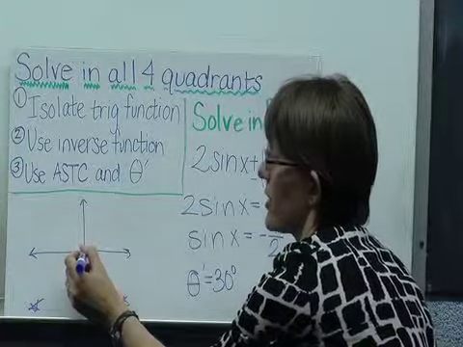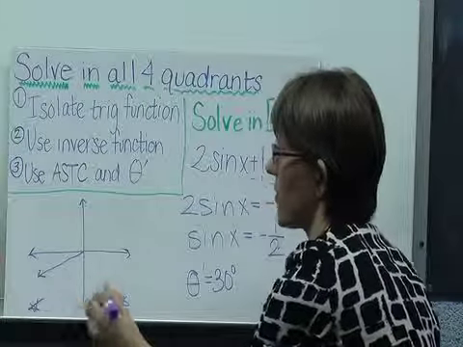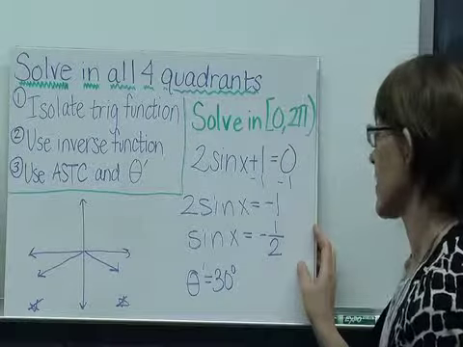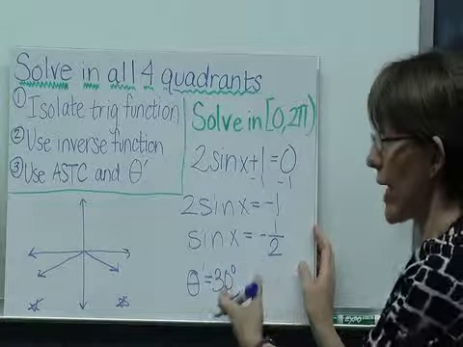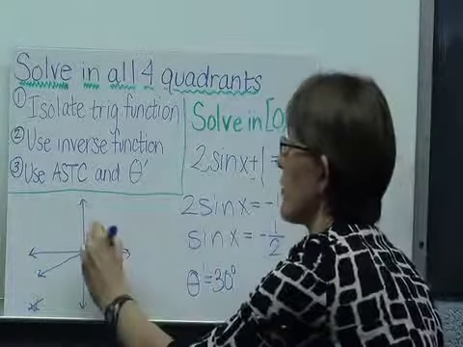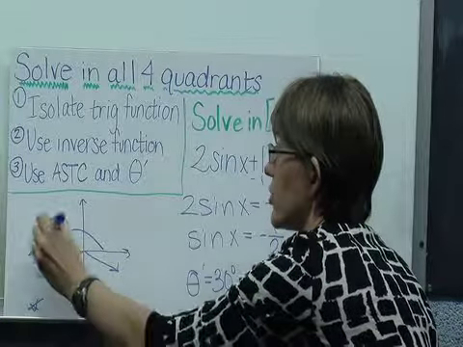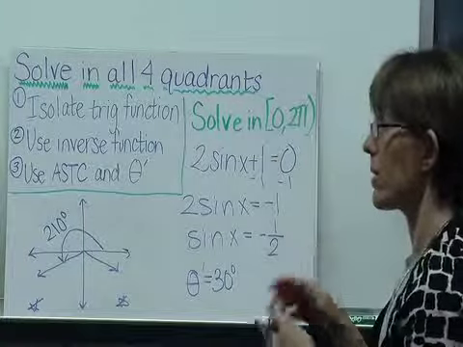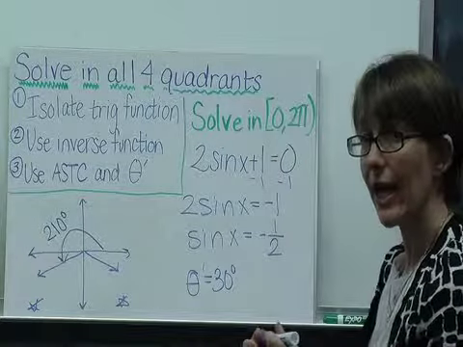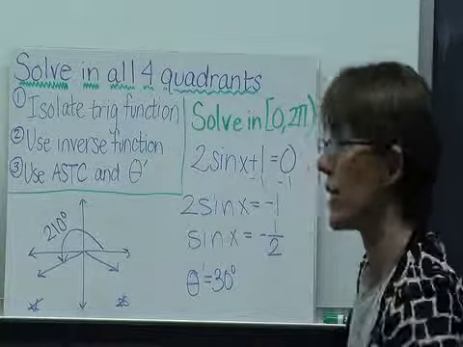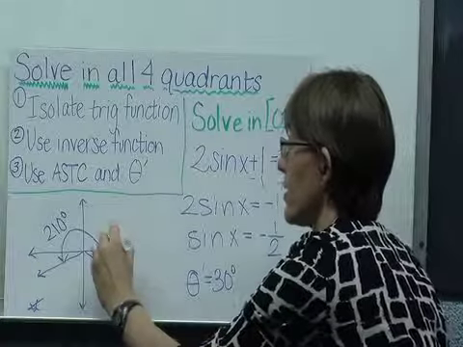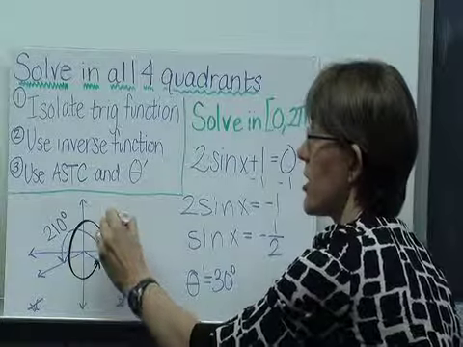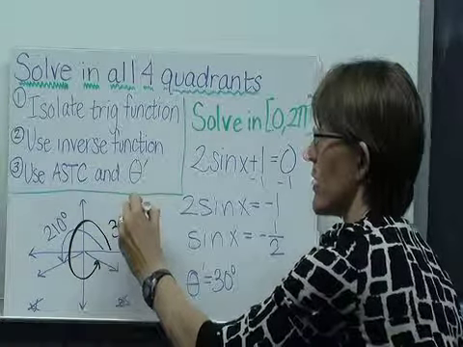So I'll draw my reference angle here in quadrant 3 and here in quadrant 4. The quadrant 3 angle that has a 30-degree reference angle is 210 degrees. The quadrant 4 angle that has a 30-degree reference angle is 330 degrees.